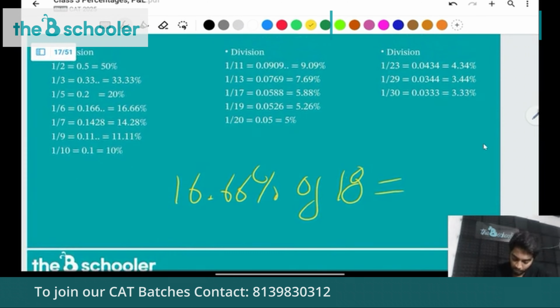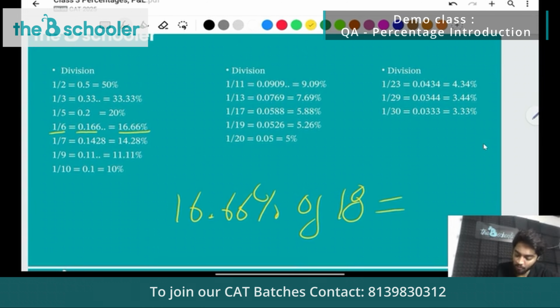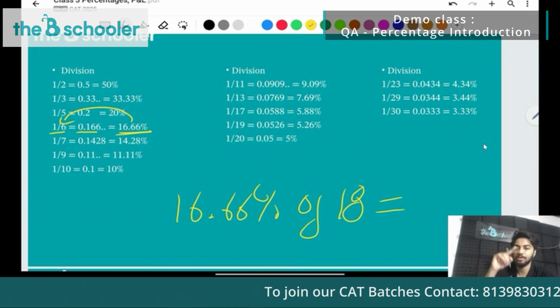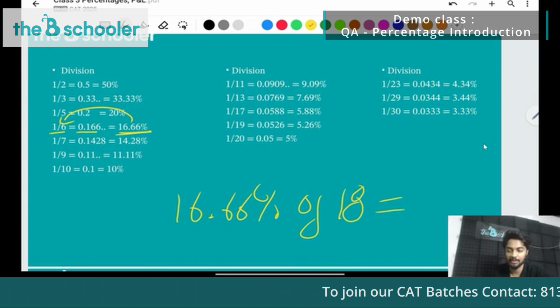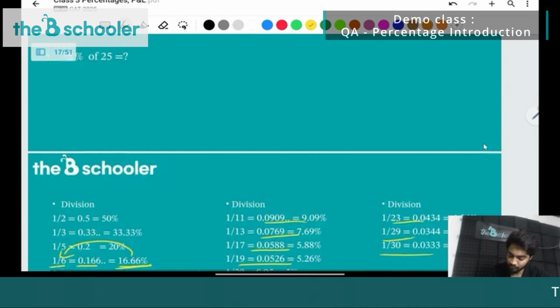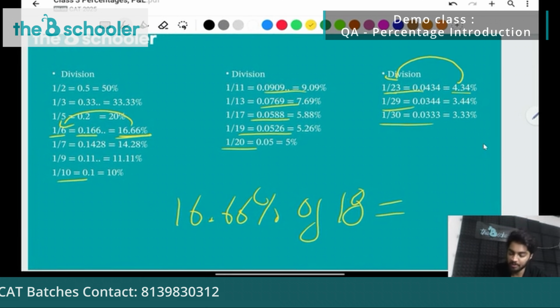So again, you should know 1 by 6 as 0.166, and that also is 16.66. When you see 16.66, you should also be able to visualize 1 by 6. You should also be able to think 16.66 percentage as 1 by 6. Clear? So learn these reciprocals, all of them. This will make your life easier. So again here, you should know 1 by 23 as 0.0434, or 4.34 percentage. When you see 4.34 percentage, you should also be able to write it as 1 by 23. Clear?